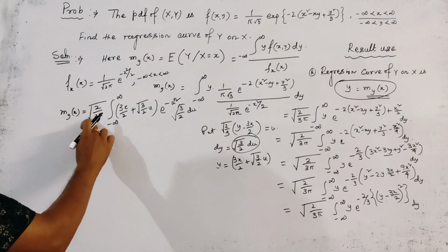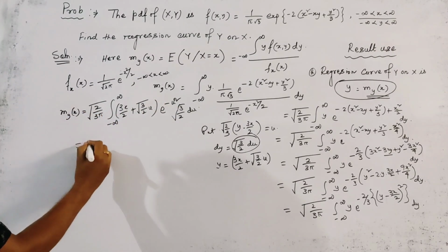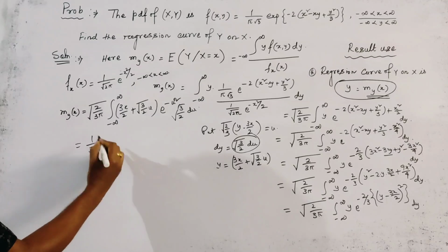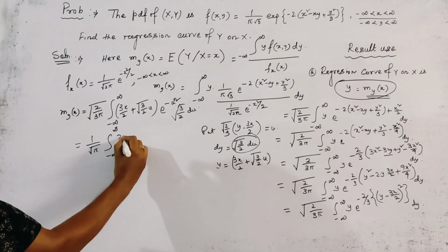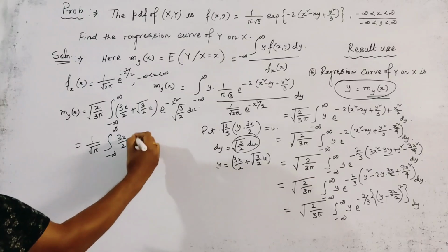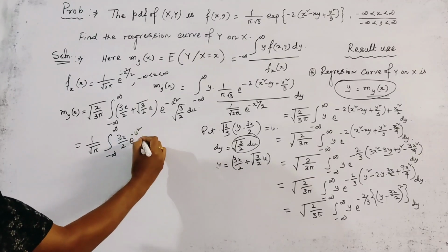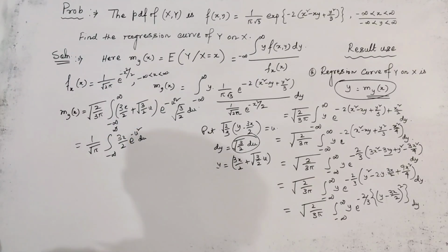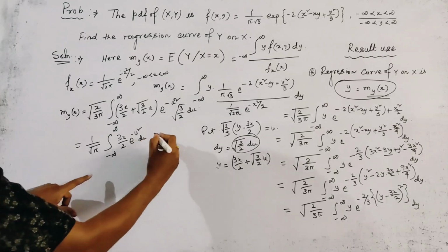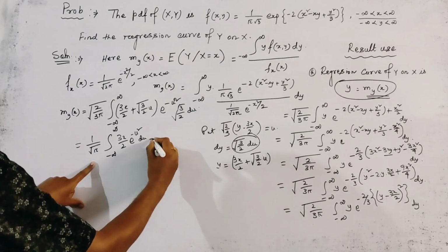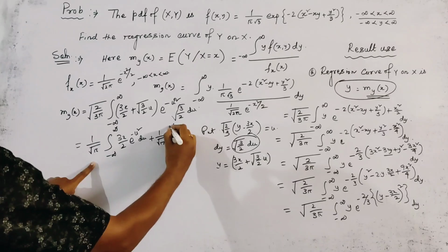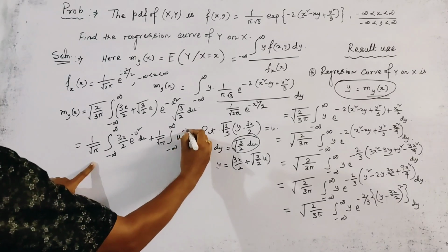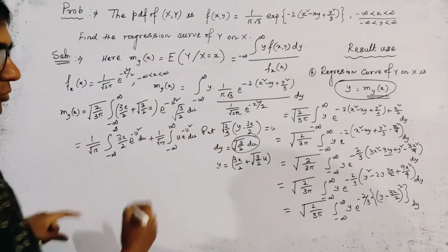So root 3 cancels out, root 2 cancels out. So here this is 1 by root pi only, and this is minus infinity to infinity 3x by 2 into e to the power minus u square du. This is the first integration, and the second integration is given by 1 by root pi integration minus infinity to infinity u e to the power minus u square du.